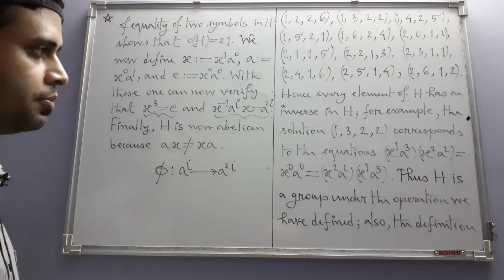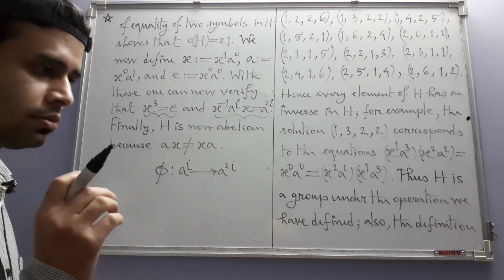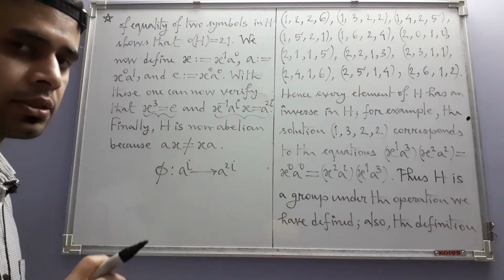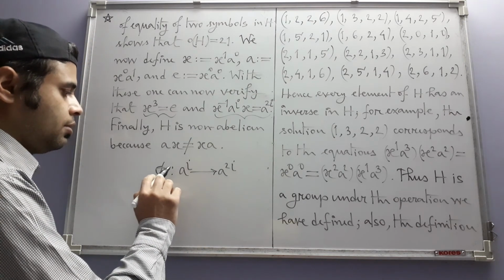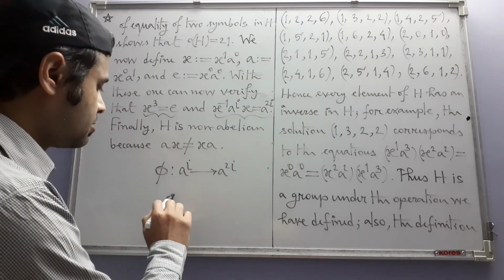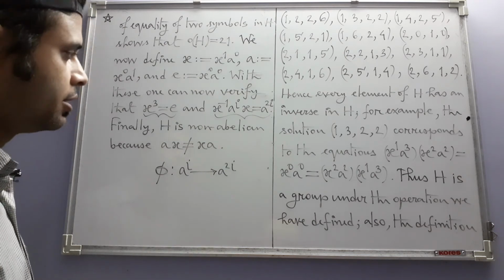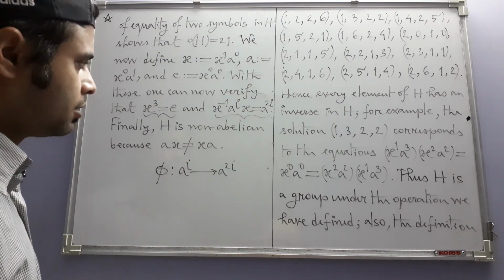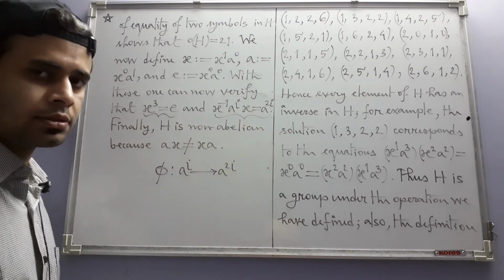It took quite a while to actually find the binary operation that will make things work. I can't tell you exactly what made me choose this i plus 1k and 2 to the power k, all those things, but you can pretty much guess that I took help of these relations.